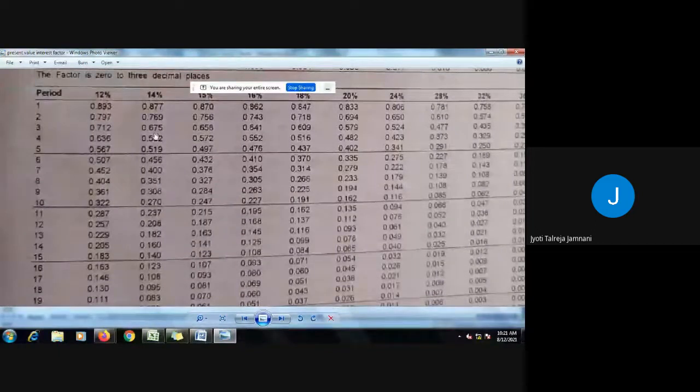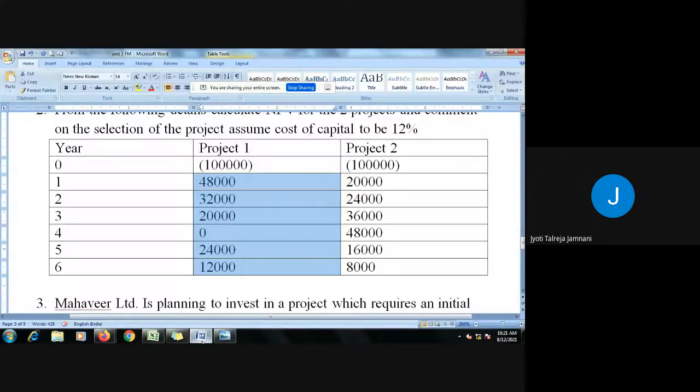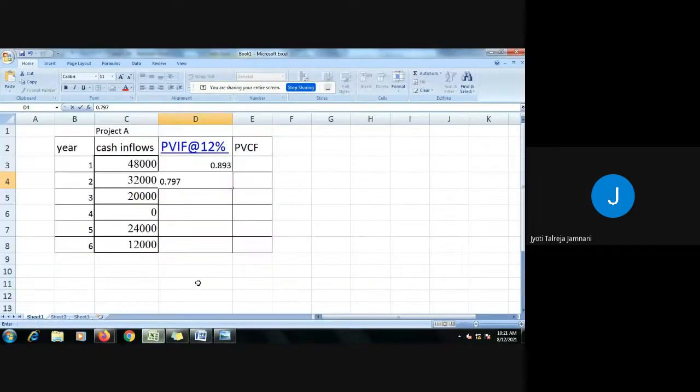So 0.797, then the next is 0.712. So I'll just write the rates for all the 6 years. 0.636, then 0.567, and 0.507. So these are the present value interest factors.